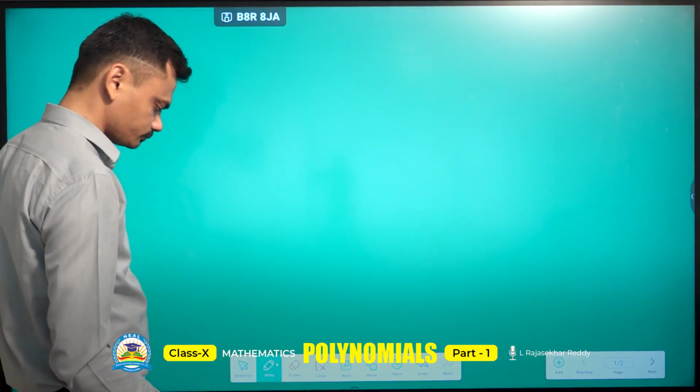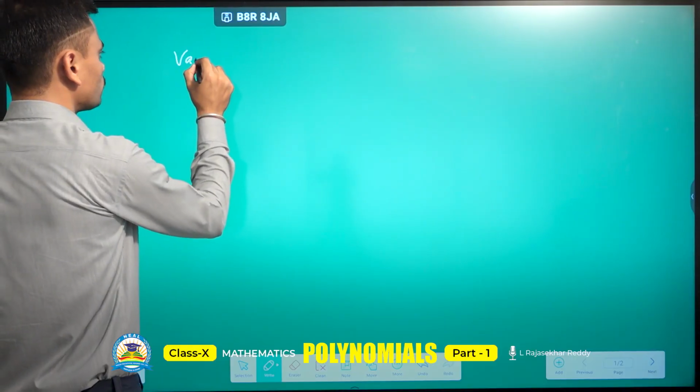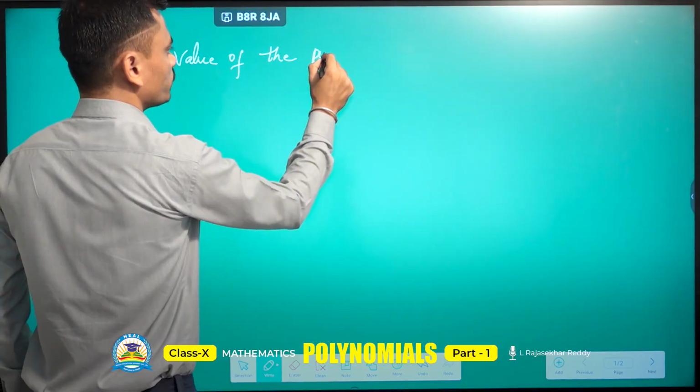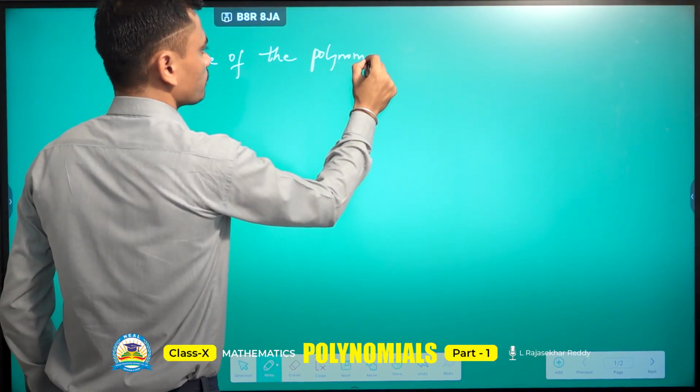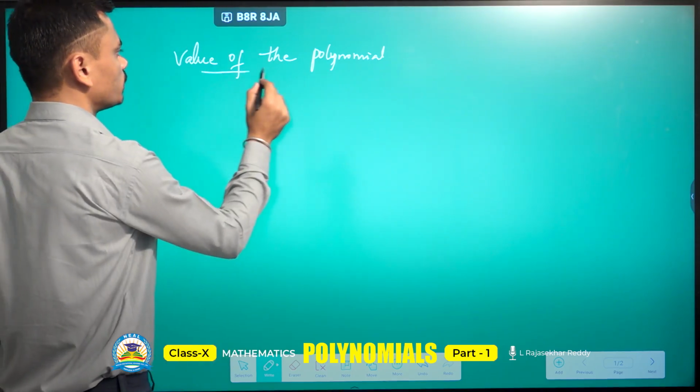Next, value of the polynomial. This is very easy, the value of the polynomial.